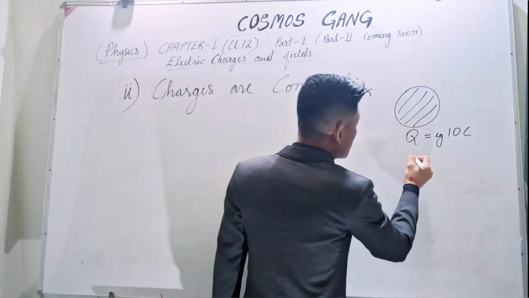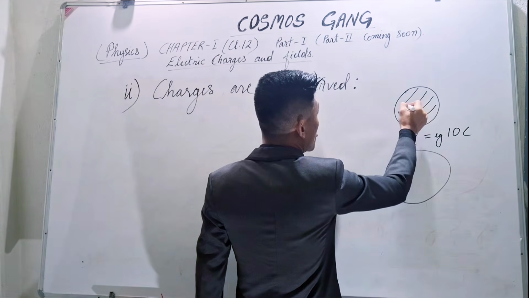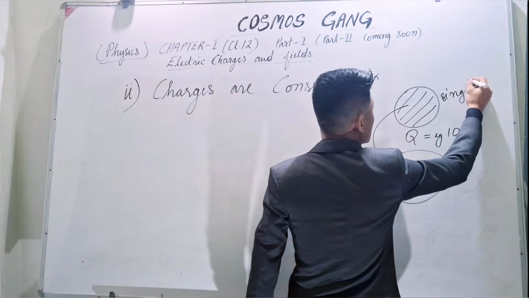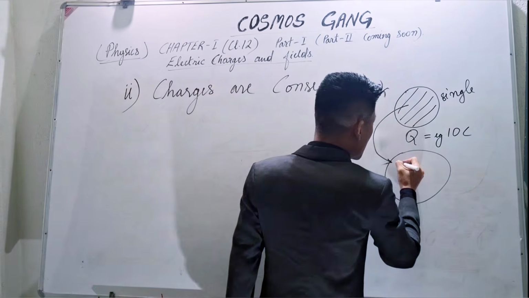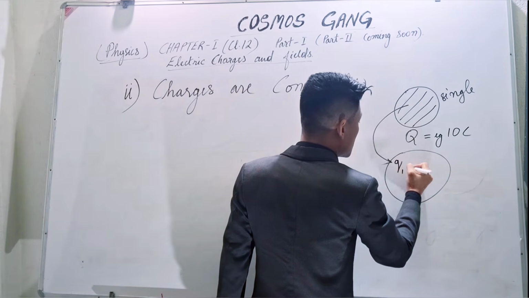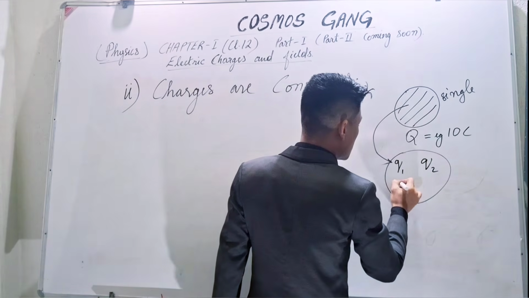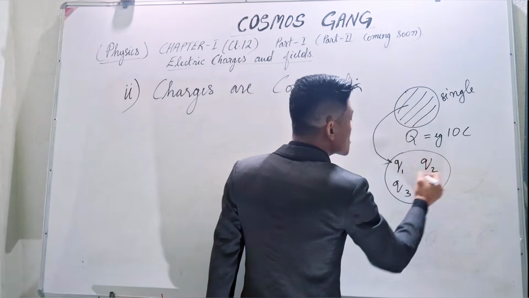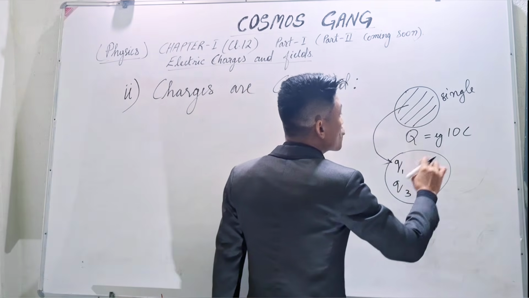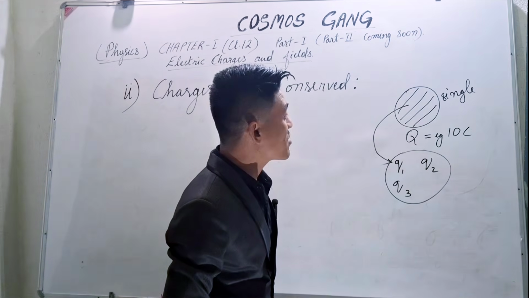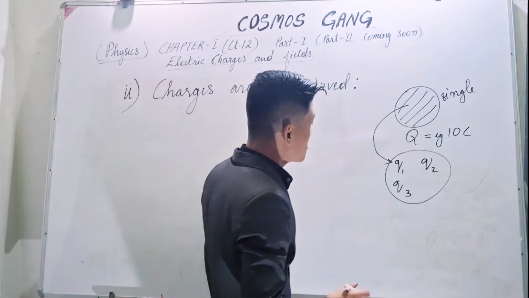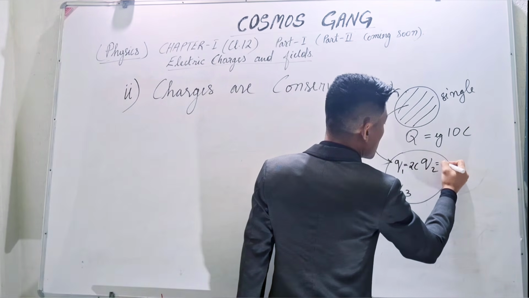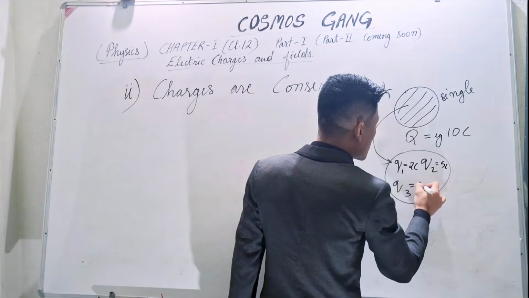Now in this system, I break this single charge into different, smaller charges. The sum of all these charges should always be equal to the single charge it breaks into. Let's take an example here: 2 coulomb, 5 coulomb, 3 coulomb.